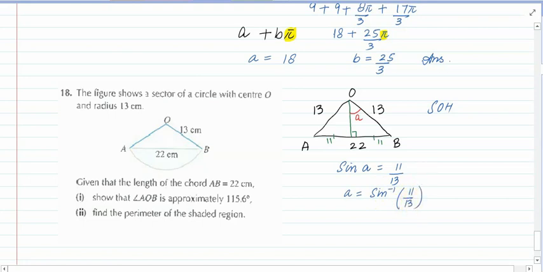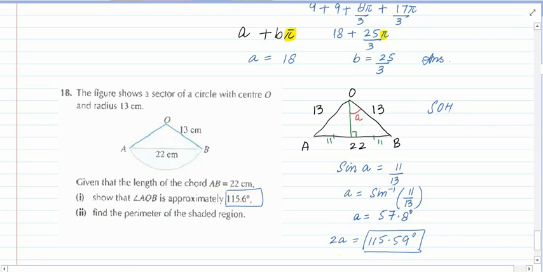From your calculator, if you find 11 divided by 13 and then its sine inverse, it will be 57.8 degrees. But that is not the answer, because we are looking for the whole angle, right? So the whole angle will be 2 times A. So its answer is 115.59 degrees, that you need to show in your part 1, right?